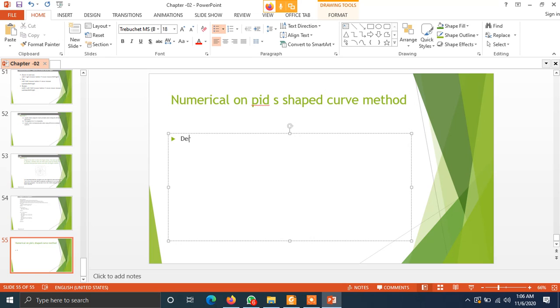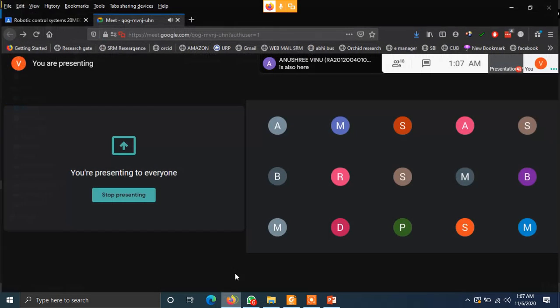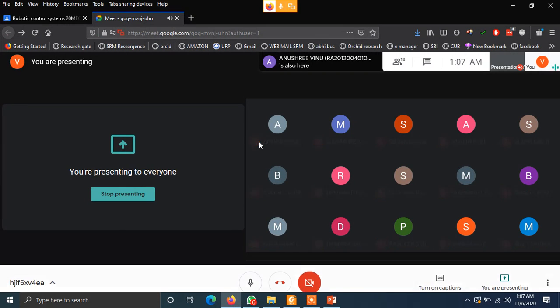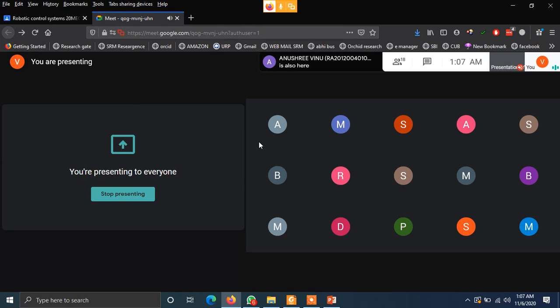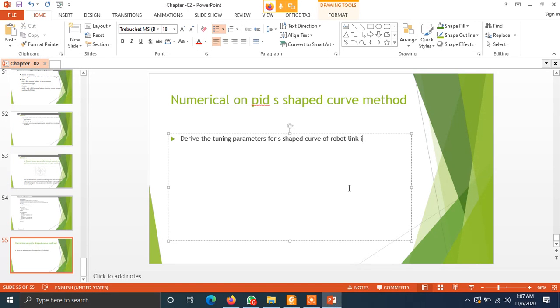Calculate the tuning parameters for the PID controller, if the time constant is 0.1 second. 0.06 is the dead time D, and T is 0.1.